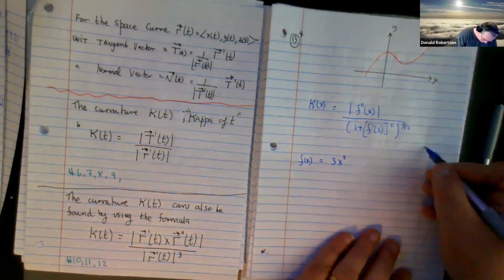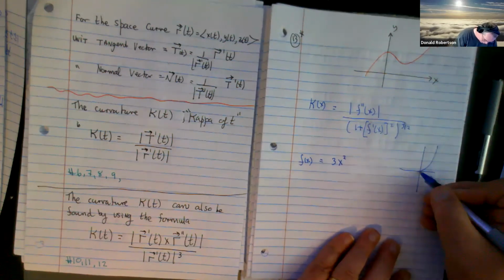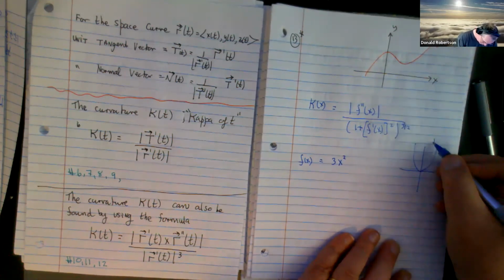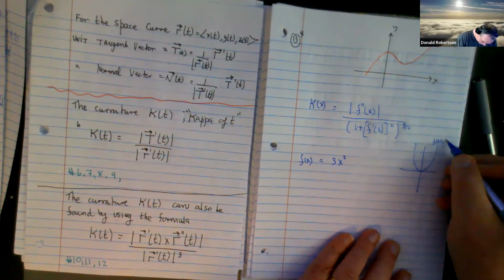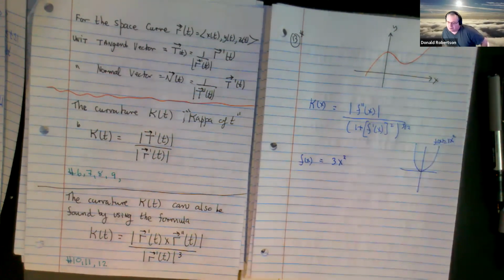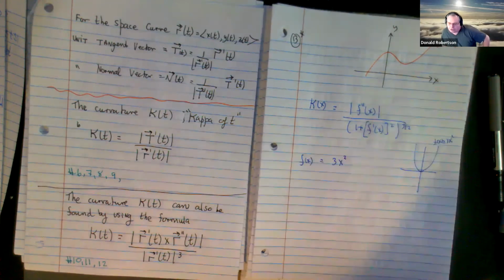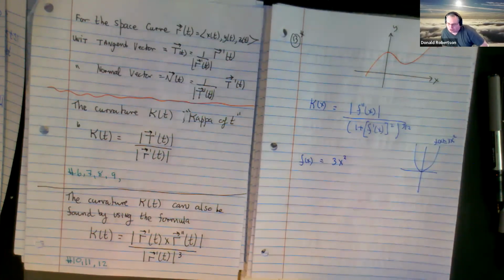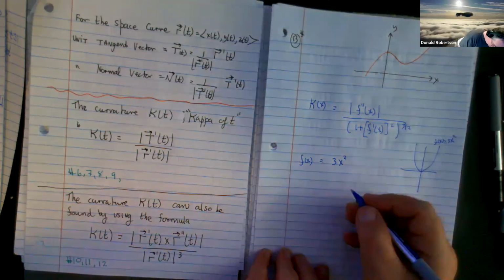I'm going to do a pretty boring curve because I want it to be relatively easy to do, which is that guy. Based on just that shape, would you agree that it's going to be most curved at x equals 0, and less curved the further away from 0 you get? So I wonder if that comes up in the calculation.